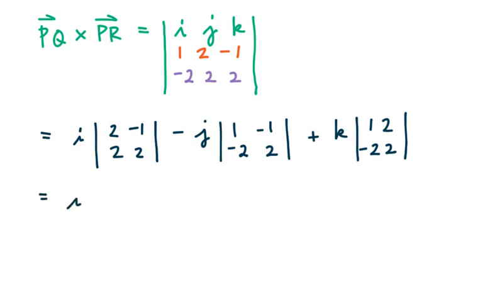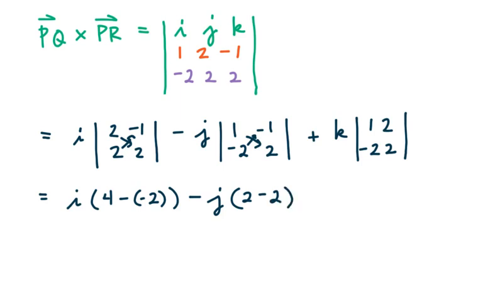So that gives us i, 2 times 2 is 4 minus 2 times negative 1, which would give us negative 2, minus j, 1 times 2 is 2, minus negative 2 times negative 1 is positive 2, plus k, 1 times 2 is 2, and need a minus there, we have negative 2 times 2 is negative 4.